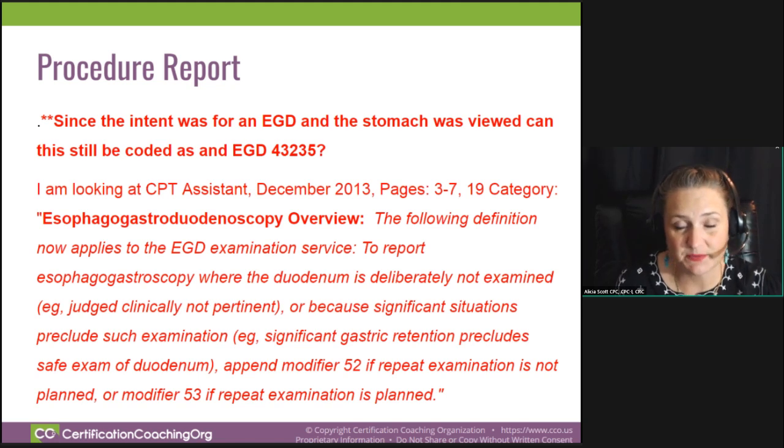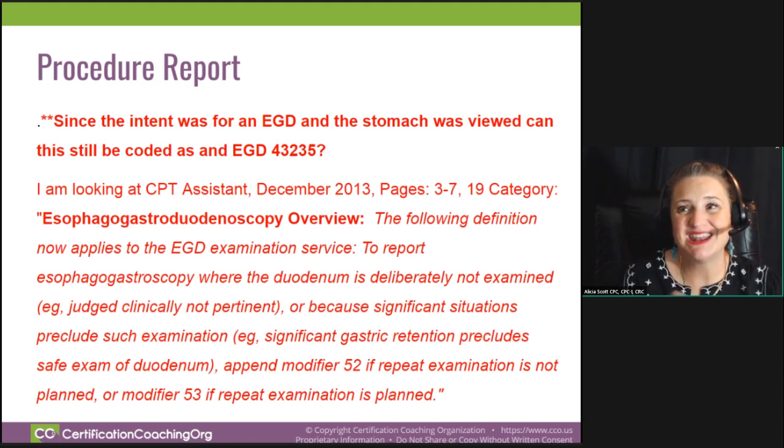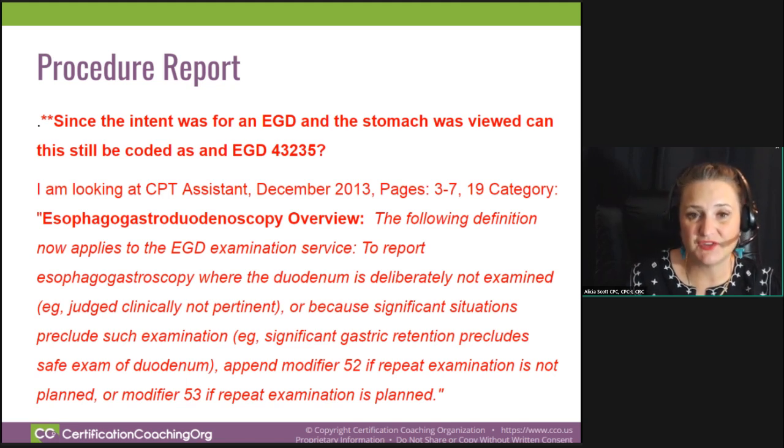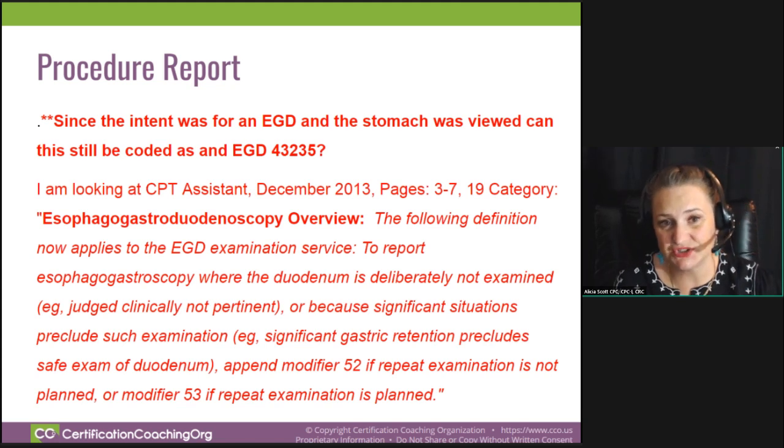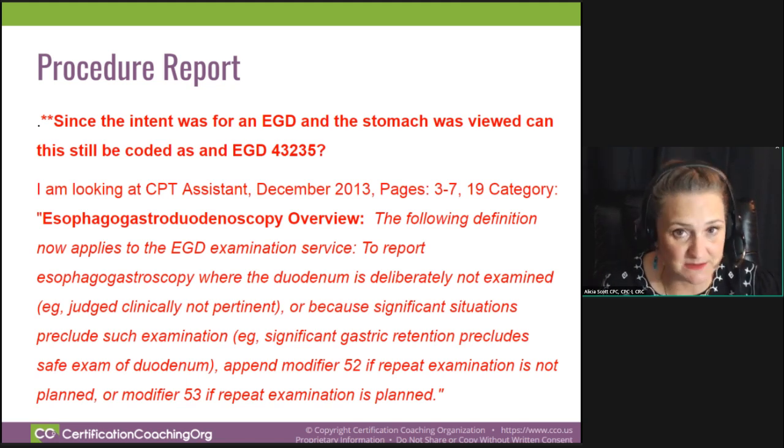For statistical purposes. Now, obviously the confusion was, but they didn't do it, so they shouldn't get paid for the EGD because they didn't actually do an EGD. They went in and they were able to see the esophagus and some of the stomach, but not all of the stomach. So what are we going to get paid for? And that's where the term intent comes in.